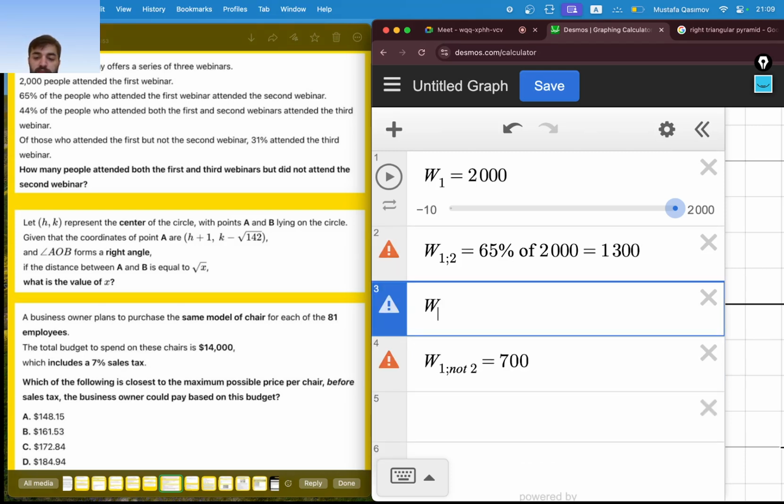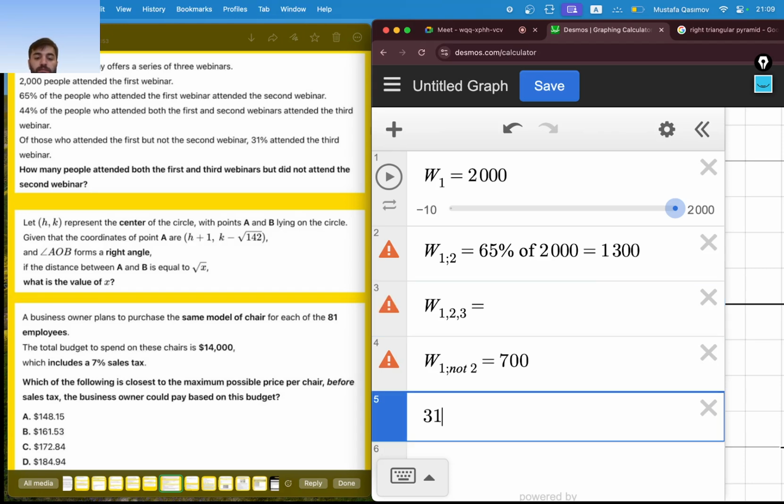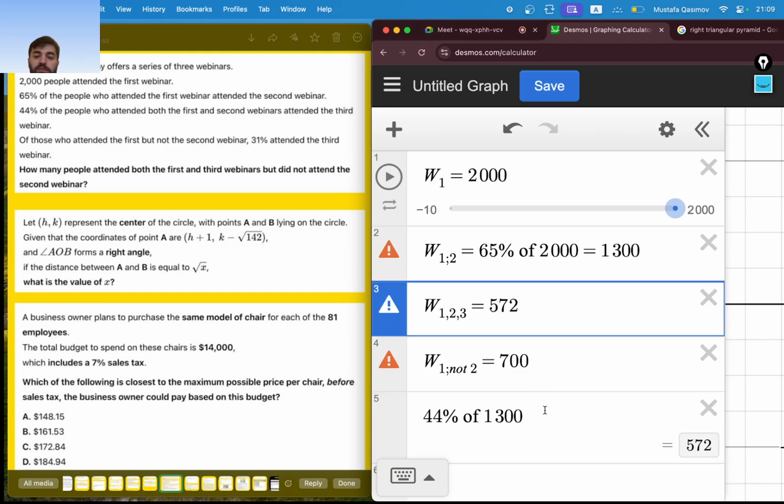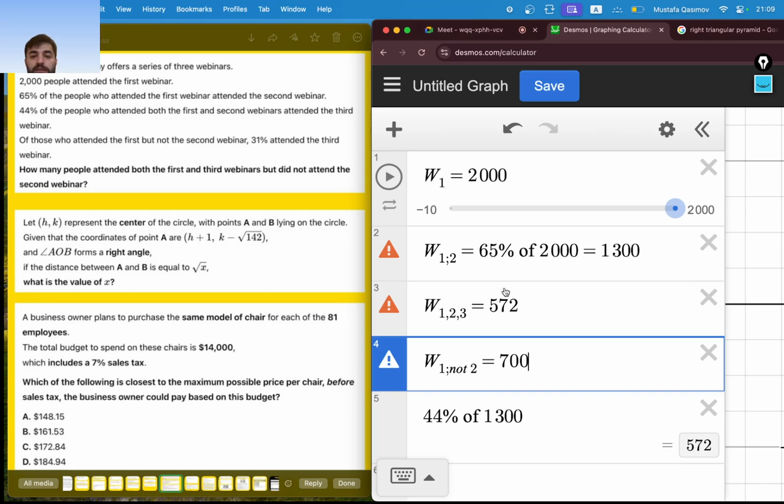So let's write it like this. 1, 2, 3 will be equal to 31% of this one. 403. 44. 572. And 31% who attend here.